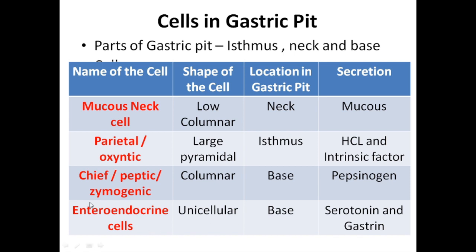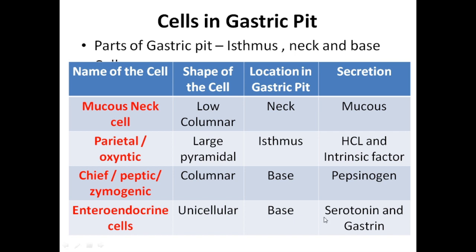So that is a very important group of cells. They are the unicellular cells present in the base of the gastric pit, and their main function is to secrete serotonin and gastrin. So that is about the gastric pit.